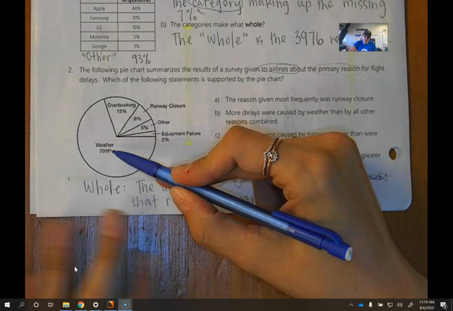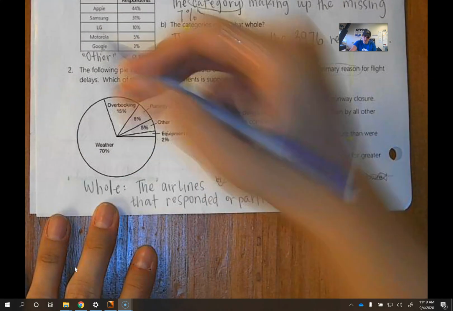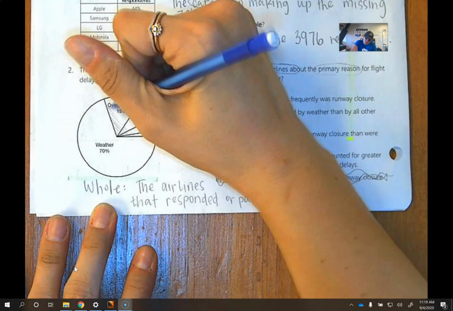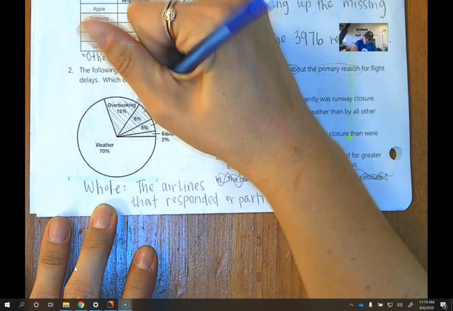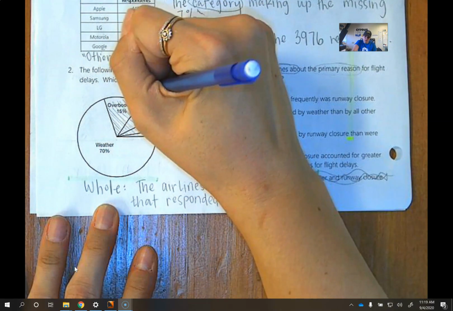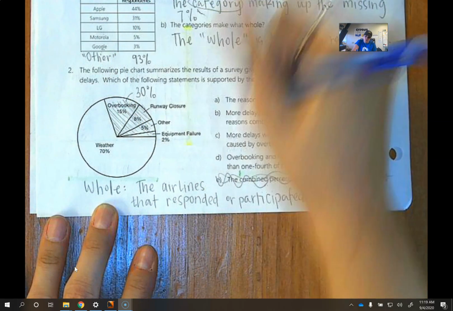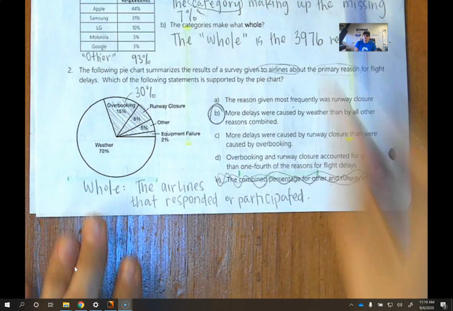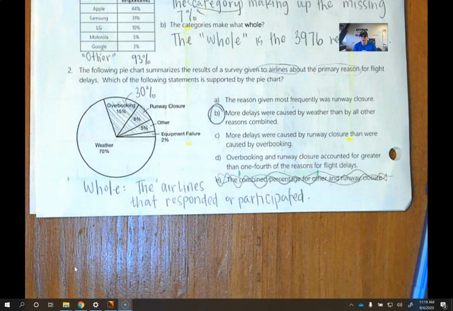So weather was 70%, which means that all of these other categories make up 30%. So B is true. There were more delays caused by weather than all other reasons combined. Weather was 70%, all other reasons combined was 30%.